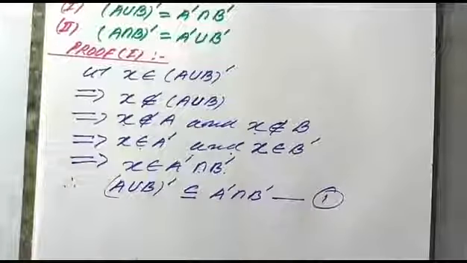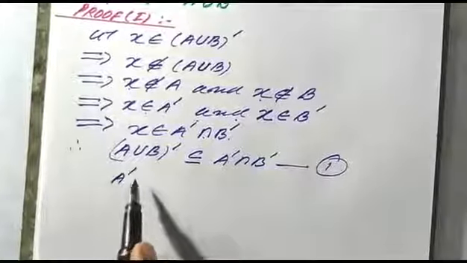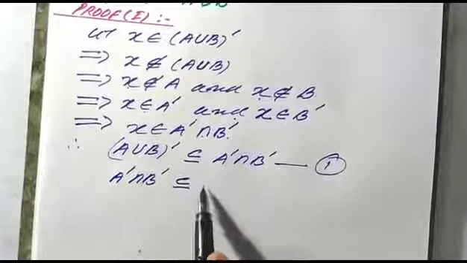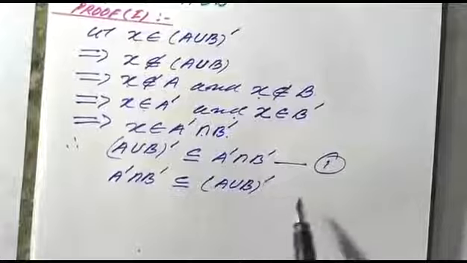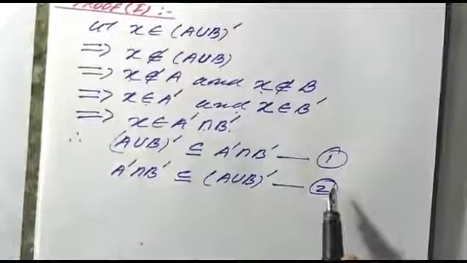And now in the same way we may prove that A complement intersection B complement is a subset of (A union B) complement, and we will make it equation number 2.